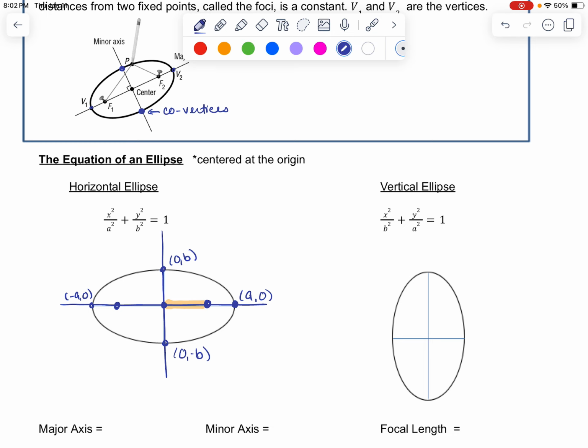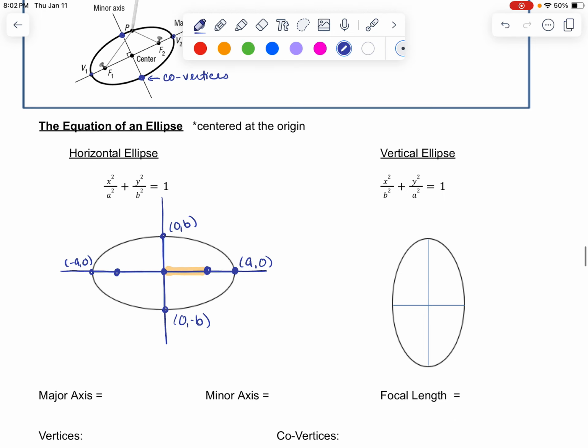Similarly, in a vertical ellipse, it's the exact same idea, but your a and your b values have switched. So now, since this one travels further up and down than it travels left and right, we would say that our vertices are (0, a), where the y value has the a. And this one is (0, negative a).